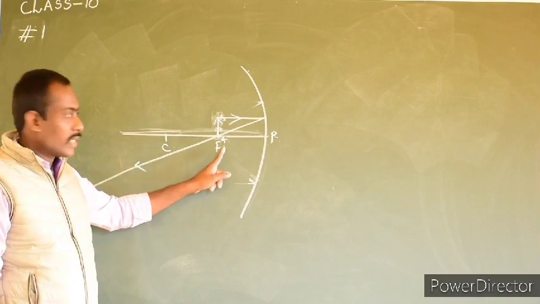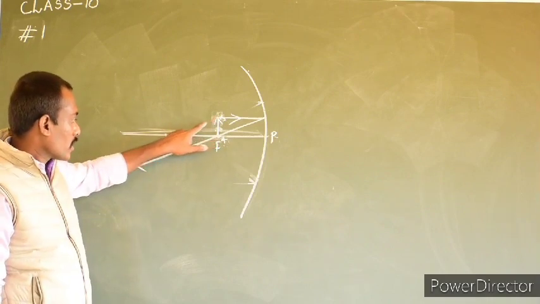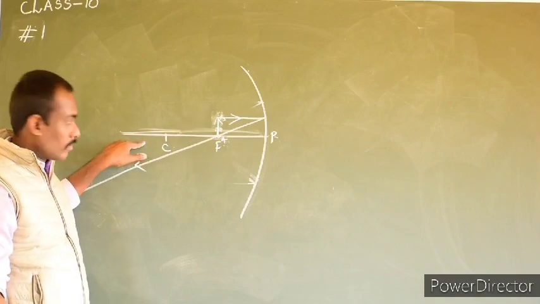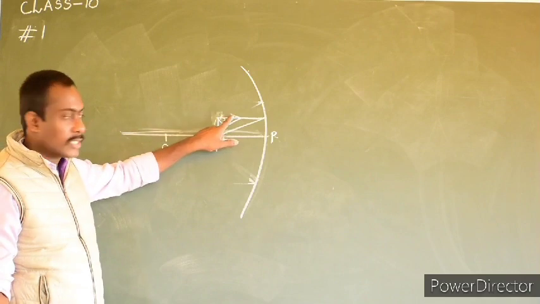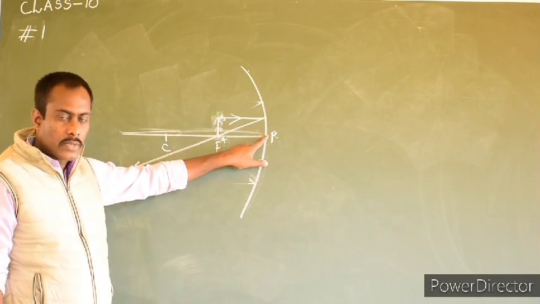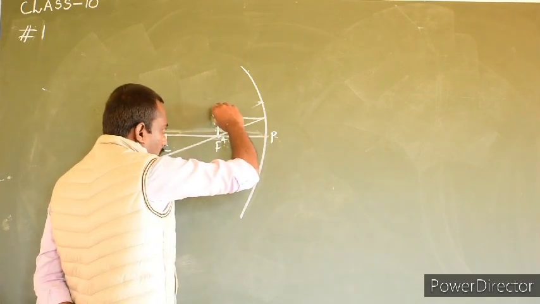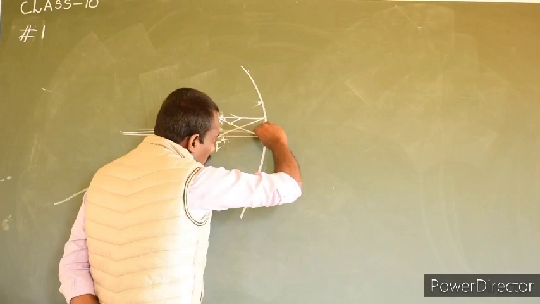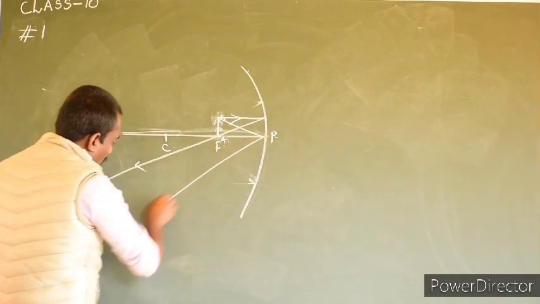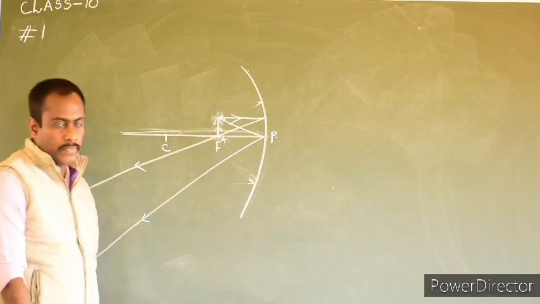Then which ray can we consider here? A ray of light that passes through the center of curvature, okay, or another option, a ray of light which is obliquely incident on the pole. So now we consider another ray of light from the same point which is obliquely incident on the point P, and then it will reflect back like this as per the laws of reflection.